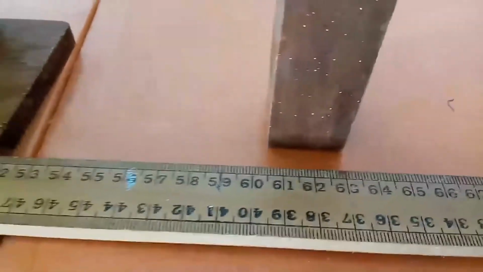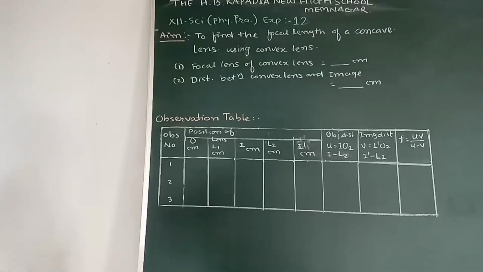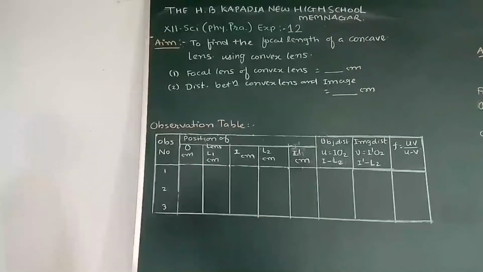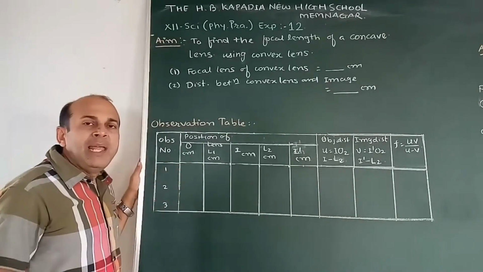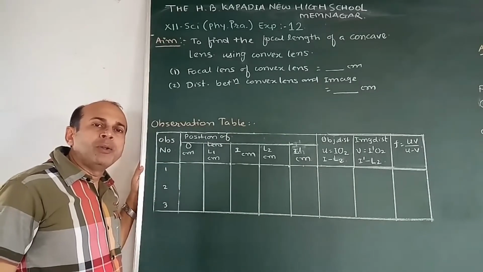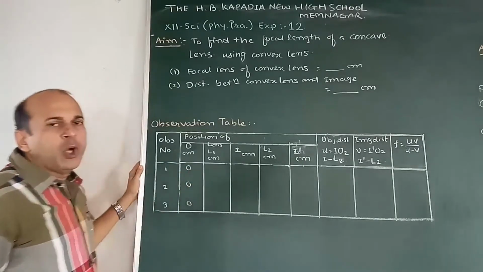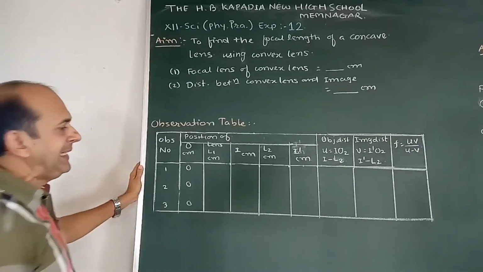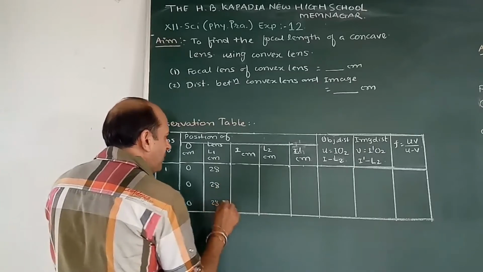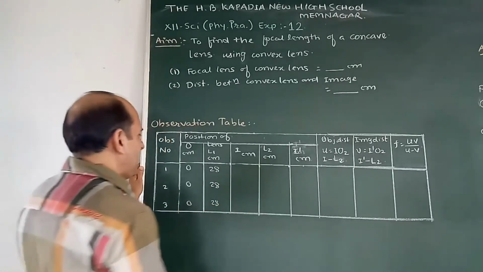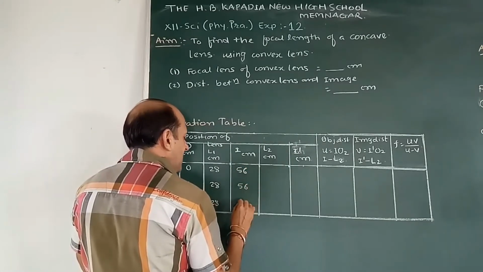Let me note down these readings in the observation table. The object pin was at 0 centimeter, so we note 0, 0 and 0. The first convex lens was at 28 centimeter, so it is 28, 28 and 28. The first image was formed at 56 centimeter, so I will write 56, 56 and 56.